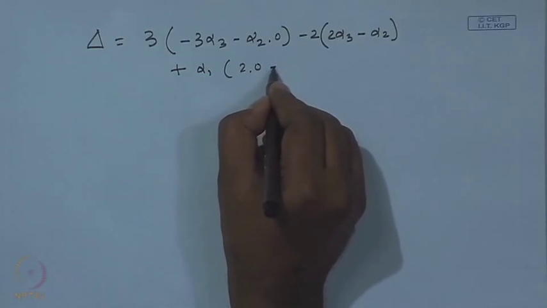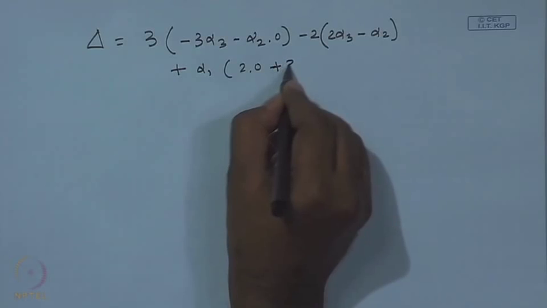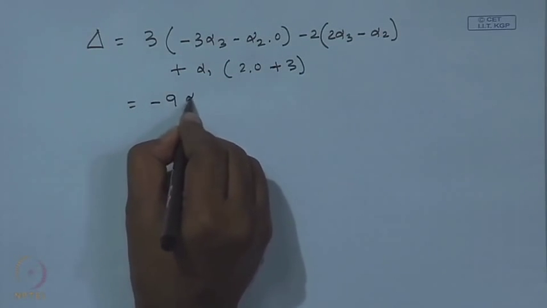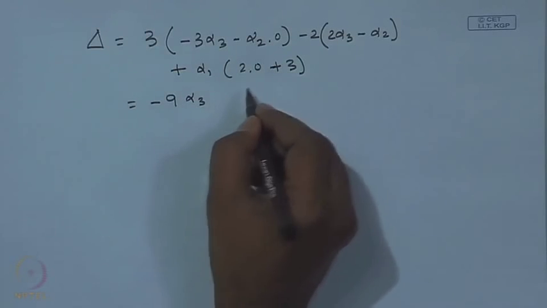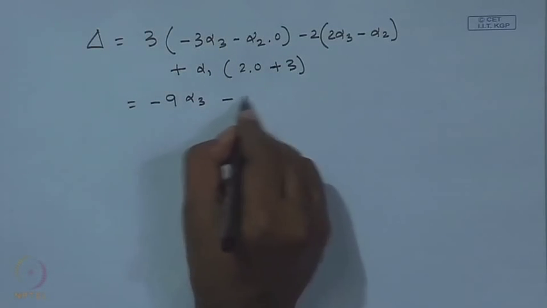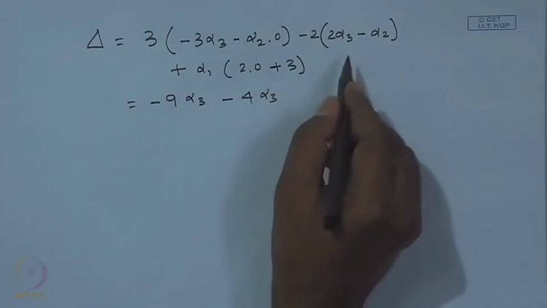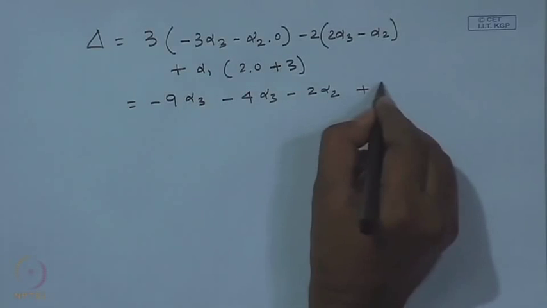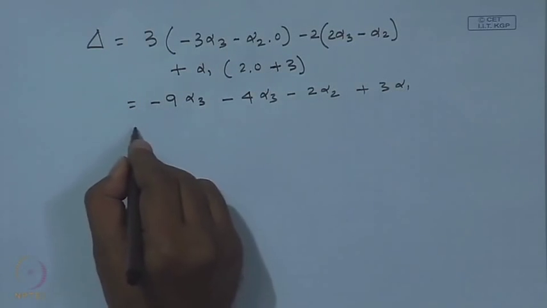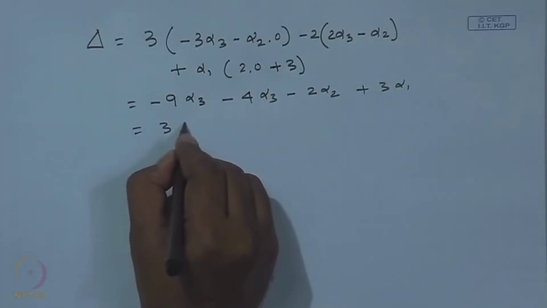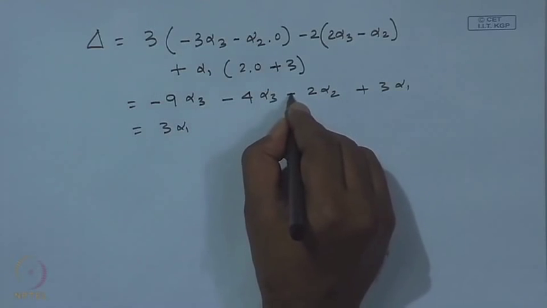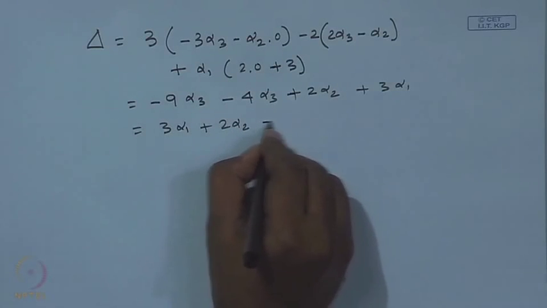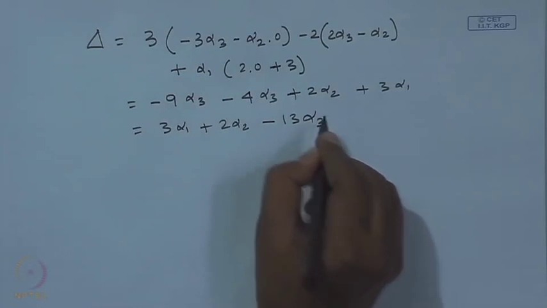So, this becomes minus 9 alpha 3 minus 4 alpha 3 plus 2 alpha 2, and the last term, minus minus plus, gives plus 3 alpha 1. We get 3 alpha 1 plus 2 alpha 2 minus 13 alpha 3.